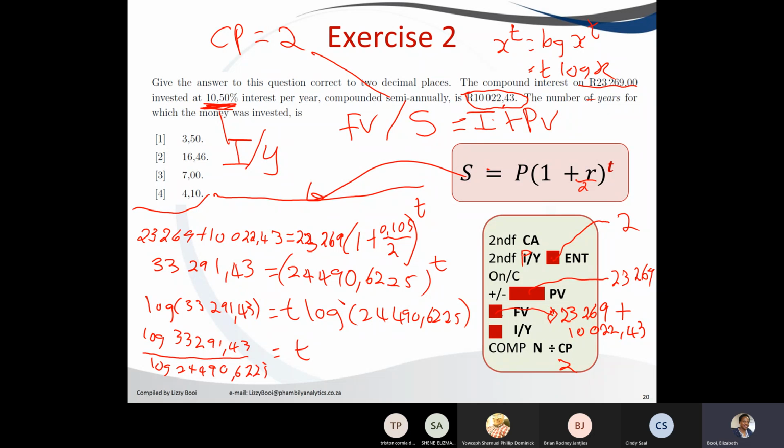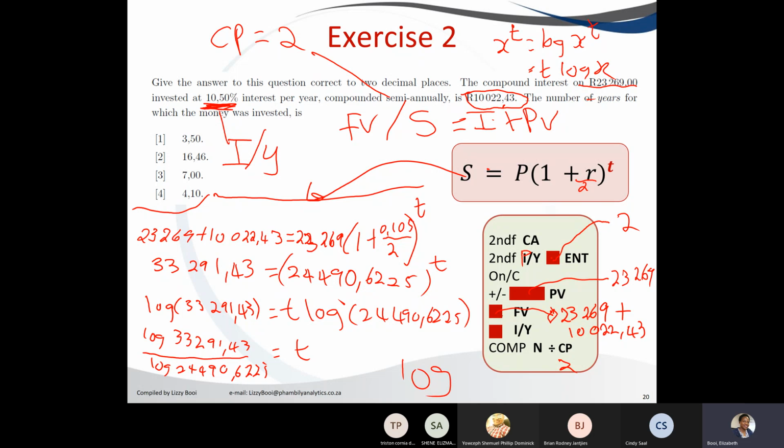Now, on your calculators, depending on which calculator you are using, so let's say you do not have the financial calculator, you have a Sharp scientific calculator or the Casio, you just look for the log button.